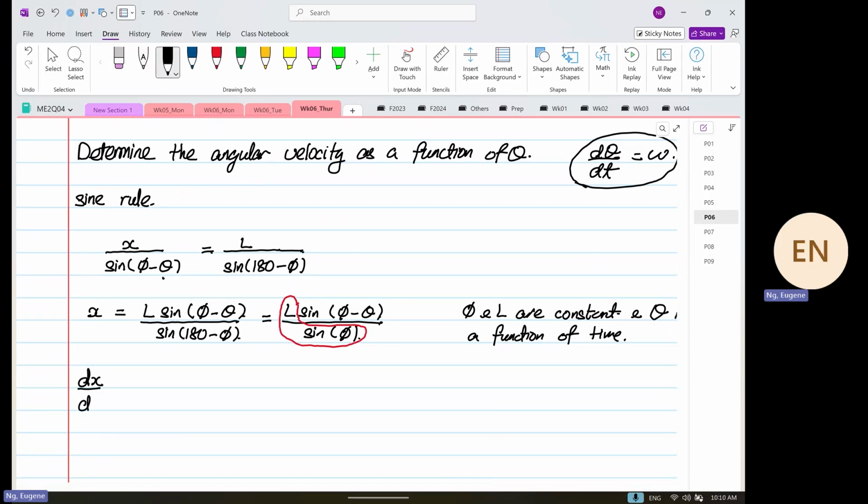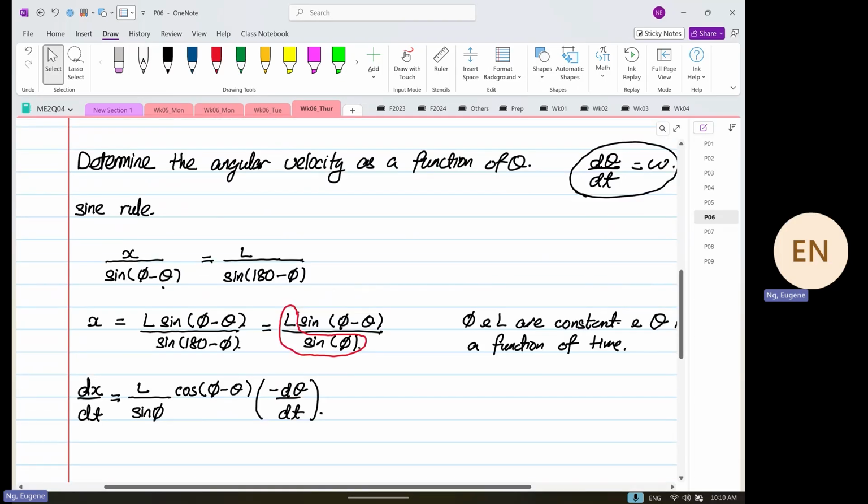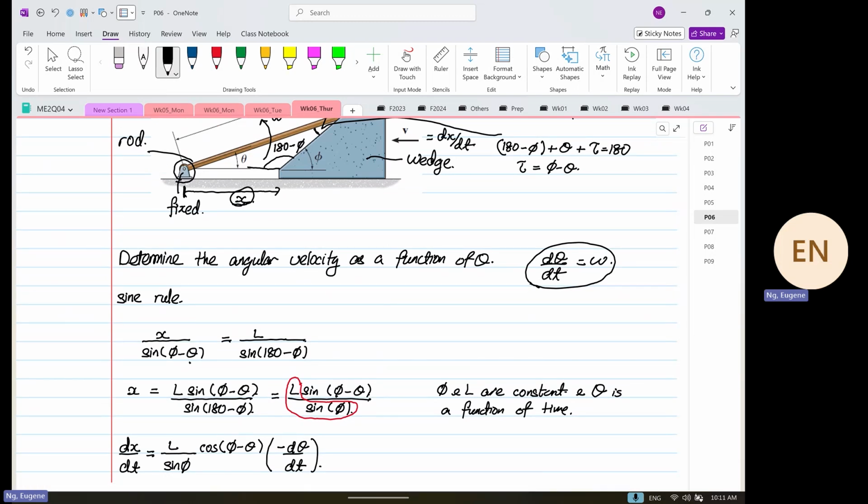So dx by dt will be equal to L over sine phi, and then we differentiate cos of pi minus theta, with a minus d theta over dt. So dx by dt is in fact equal to our v.